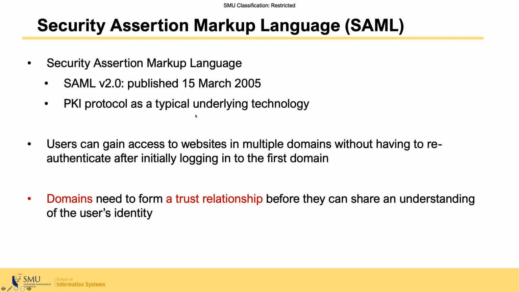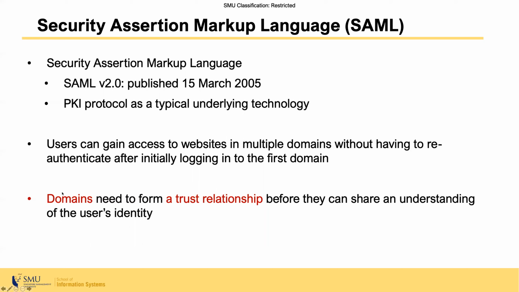As the underlying technology, it is using public key infrastructure, which is also known as asymmetric crypto system, which we should all be very familiar with. And the idea behind it is, again, the user is allowed to access websites in multiple domains without having to re-authenticate after initially logging into the first domain, which is the asserting party.